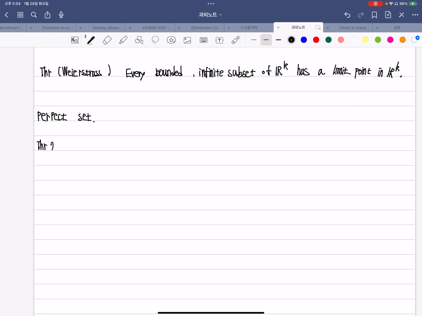Theorem 2.43. Let P be a non-empty perfect set in Rk, then P is uncountable.